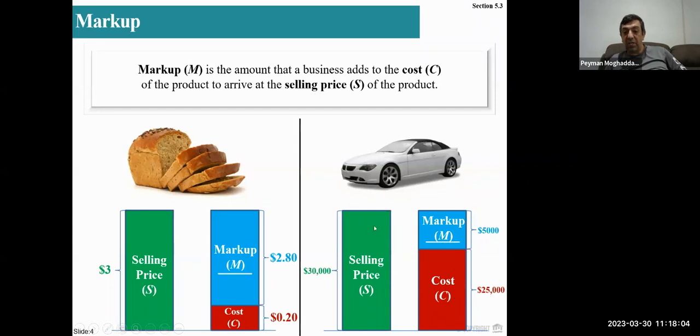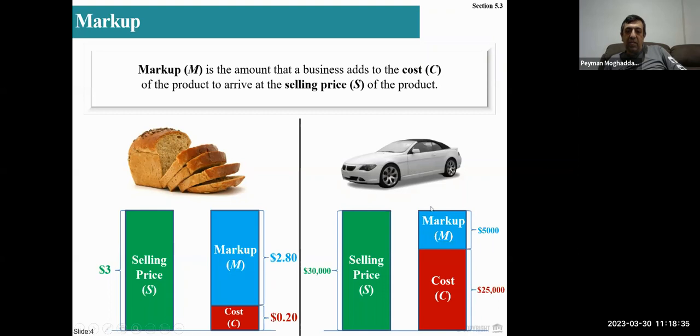So the cost of making a car for a manufacturer is pretty high, and the markup is not that high, because the cost of labor and shipping and all those things is not significant compared to the cost of making it. Okay, so sometimes markup can be significant compared to the cost, sometimes insignificant. It just depends on which product you're making and selling.